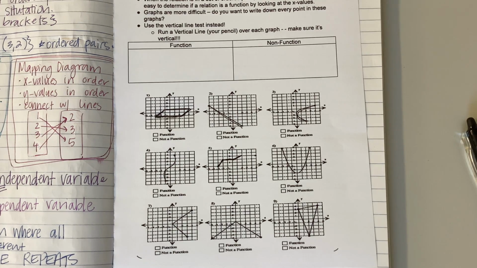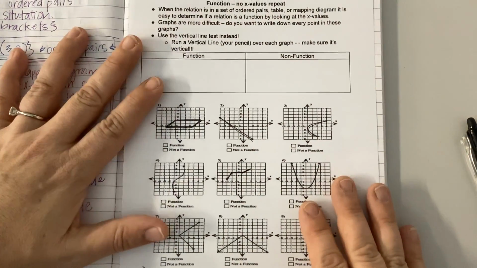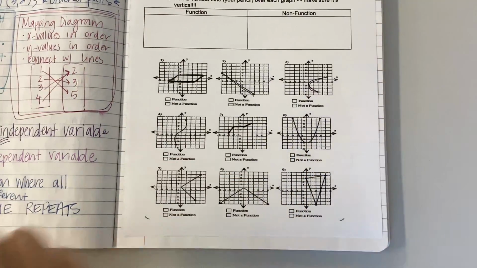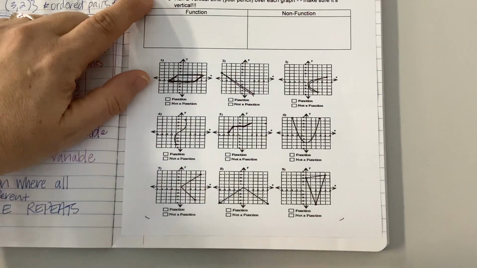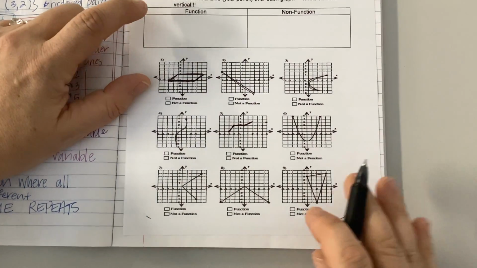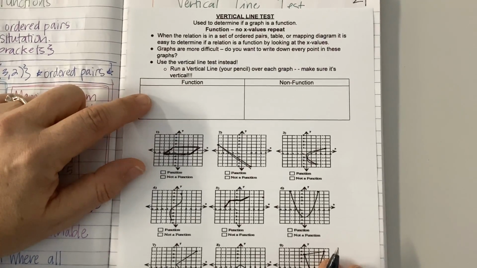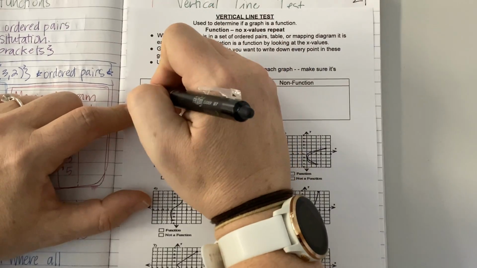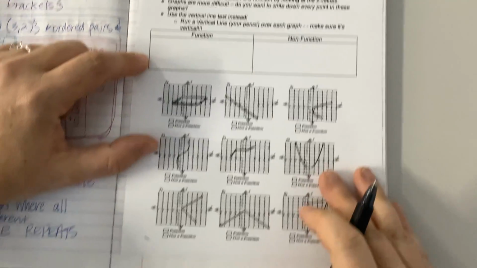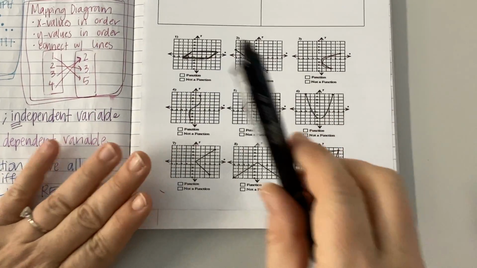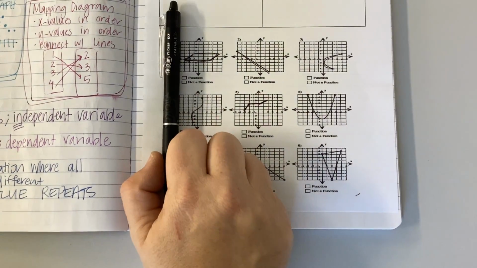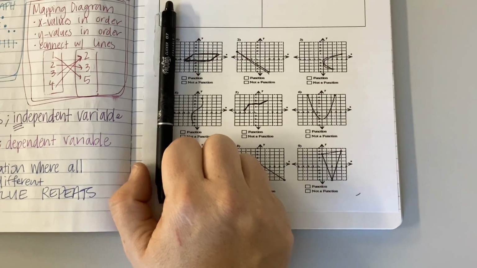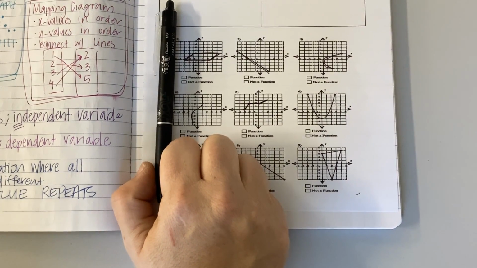What does vertical mean? Like if you're explaining it to a kindergartner, what does it mean? Up and down, right? So, a function is the vertical line test. You take your pen, you take your pencil, you take a SOAR ticket, you take something that is vertical, up and down.